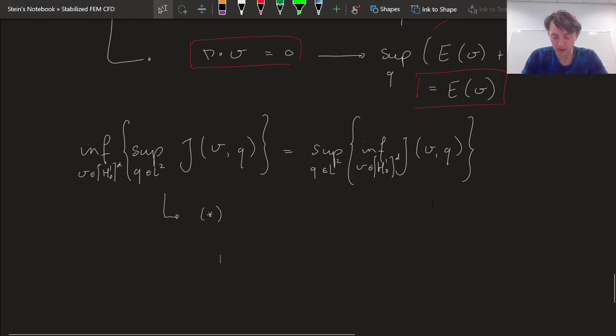So what happens here on the right side? We take the infimum of J(v, q). Well, there's two options here. Either we have also a divergence-free solution in here. Yeah, let me say it like this.